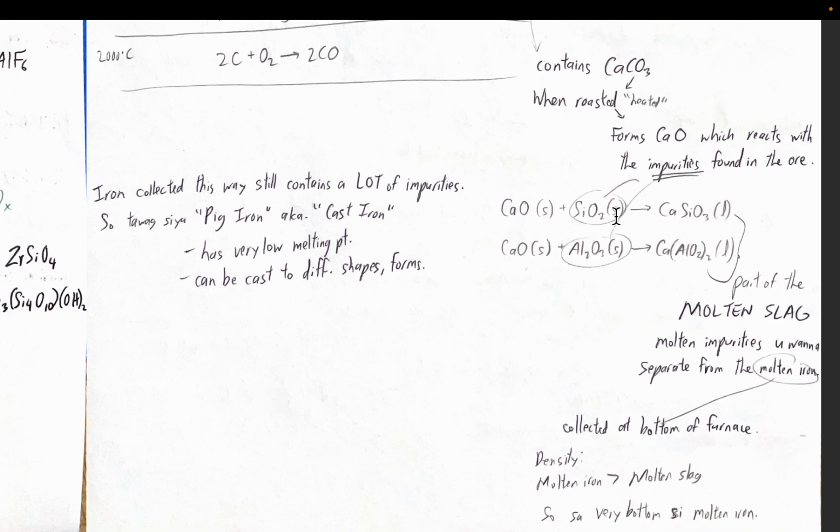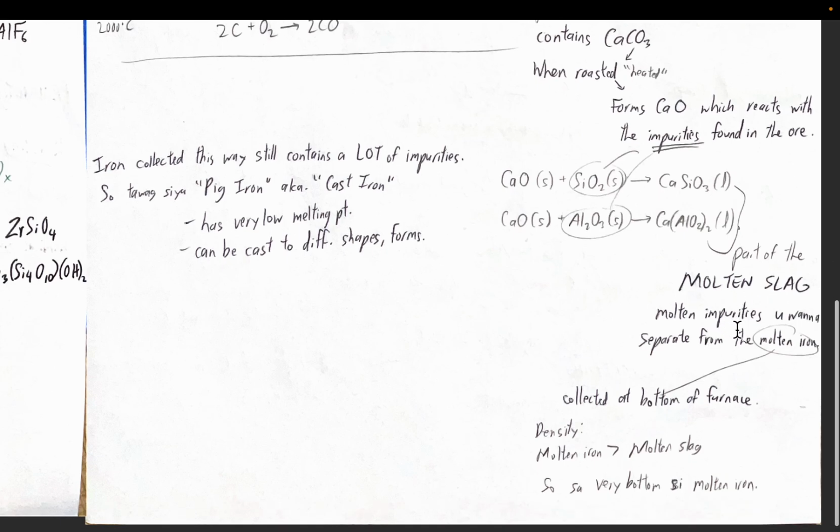So silicon, SiO2, and Al2O3, both of which are solids. When CaO reacts with these impurities, they constitute what is considered as part of the molten slag. So these are molten impurities that you want to separate from the molten iron.